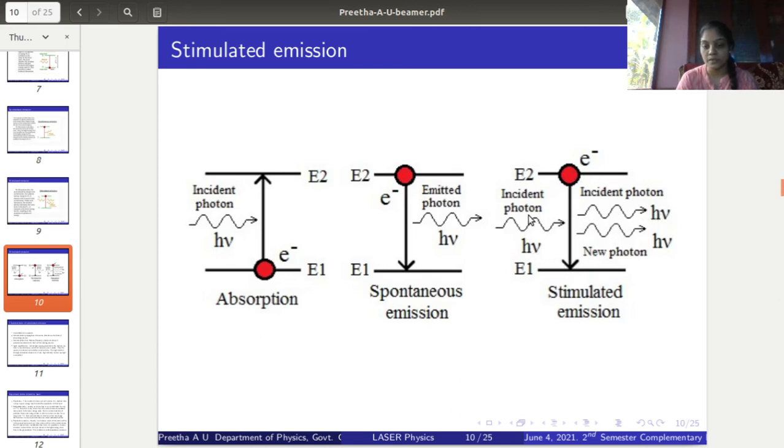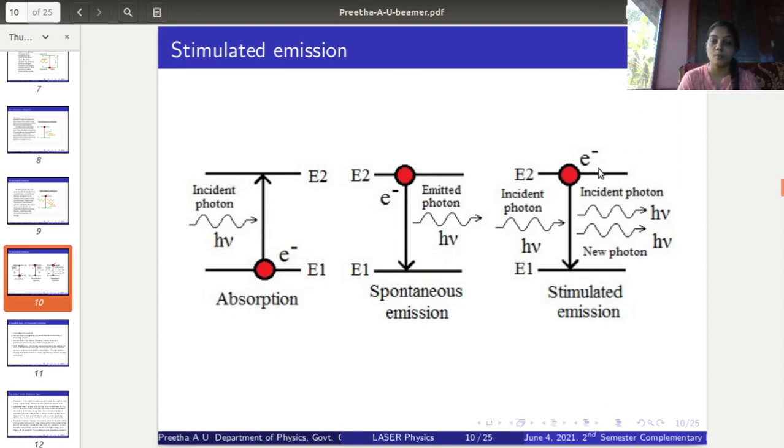So in order to obtain amplified light at the output in the laser, stimulated emission should take place. For stimulated emission to take place, there should be more population at the higher or excited energy level compared to the ground state energy level. This is a reverse situation from the normal situation, and it is known as population inversion.